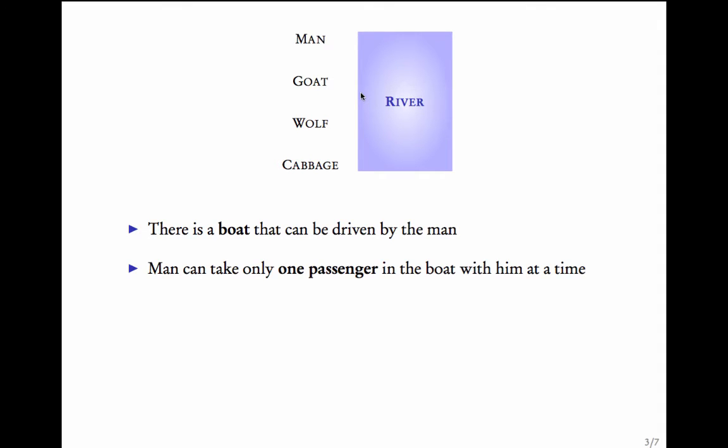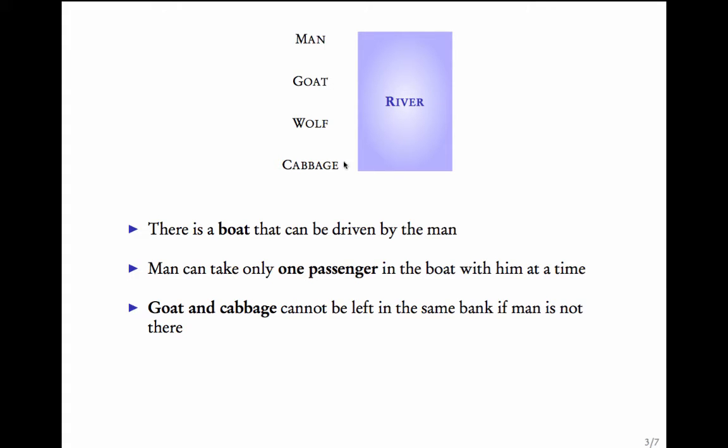Along with him, he can take 1 passenger at a time. It could be either the goat, wolf or cabbage. So the cabbage is considered a passenger. Each time he goes in the boat, he can take only 1 passenger.